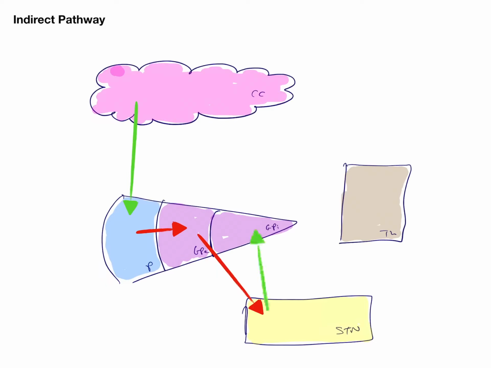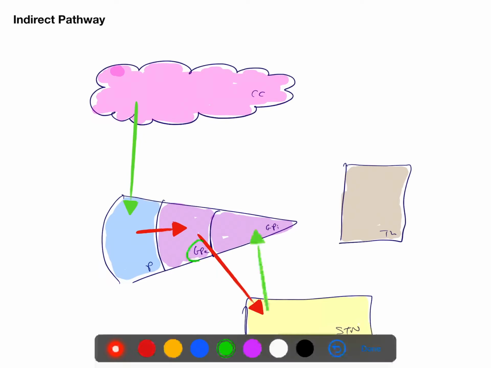Well, the globus pallidus externus wants to turn off the subthalamic nucleus. That's its job. So just like we said, the putamen's job is to turn off the globus pallidus internus, it can also turn off the globus pallidus externus. And the globus pallidus externus wants to turn off the subthalamic nucleus here.